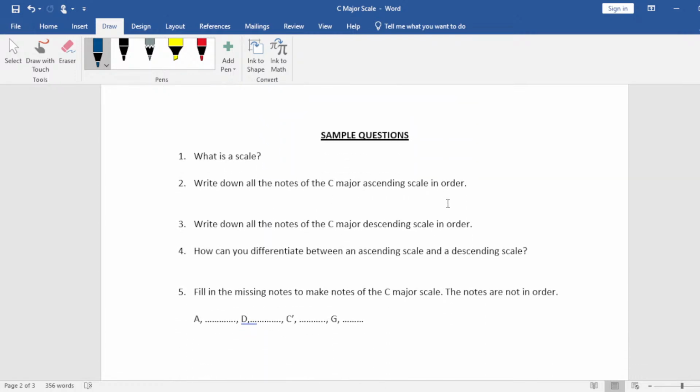Now, let's look at some sample questions we can be asked when specifically looking at the C major scale. One of the questions you could be asked is, what is a scale?